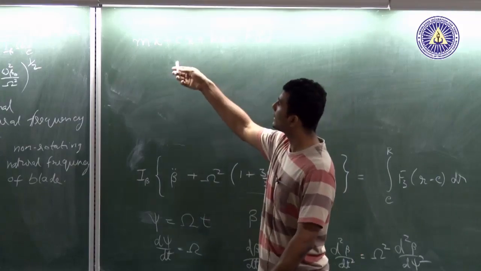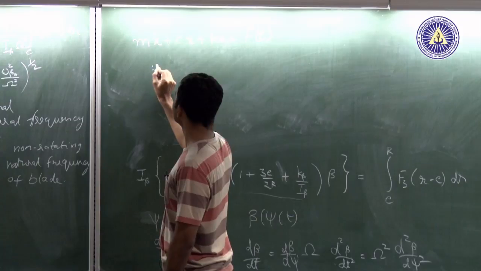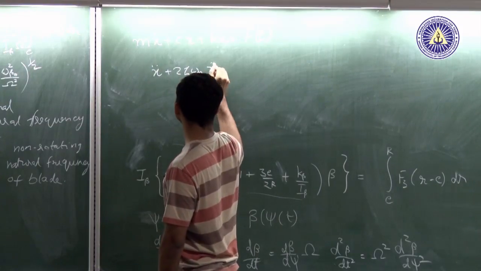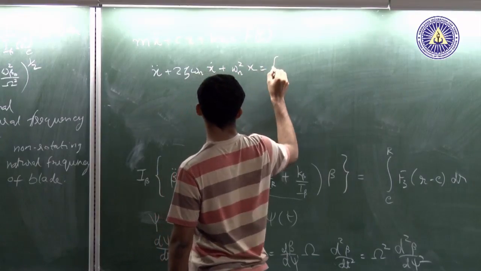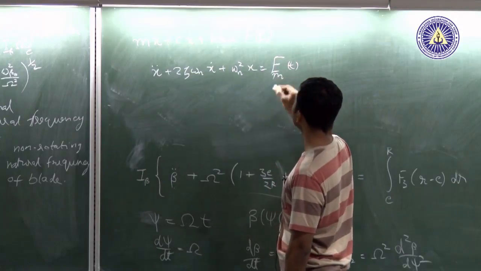Of course it can also be written as x double dot plus 2 zeta omega n x dot plus omega n square into x equal to f by m, the normalized force.